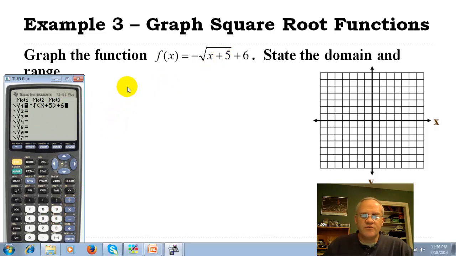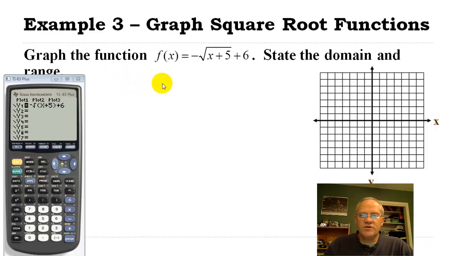Now, before we go any further here, what do you think our starting point is going to be based on these numbers in here? Remember, our starting x is going to be basically the opposite of what's in here. So if it's plus 5, that means we think we're going to get a negative 5 for x, and whatever this is, positive 6. That's where we think this graph should start.